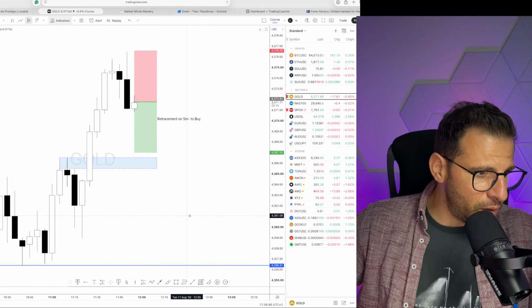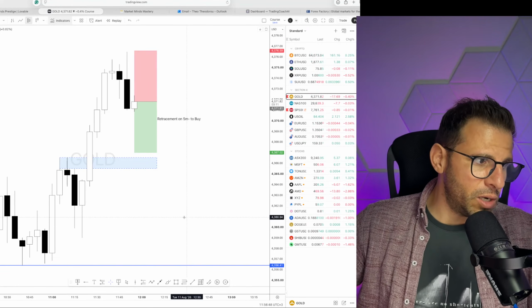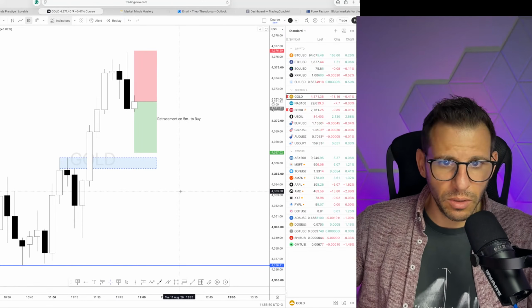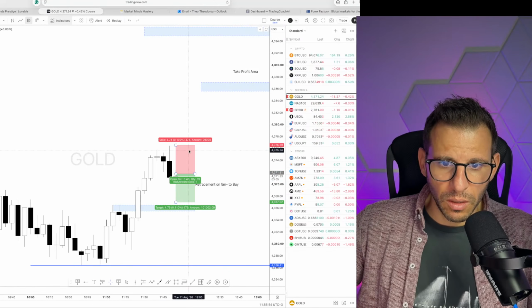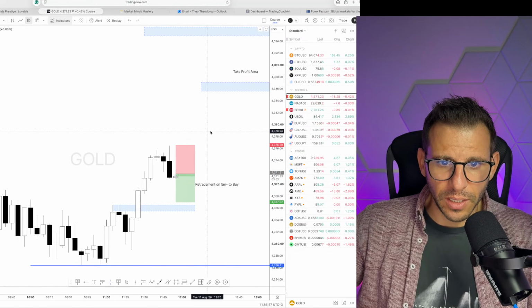Yeah, it may go lower after the break of the low. Absolutely. Yeah, for sure. I like this bearish engulfing here, guys. Very nice.